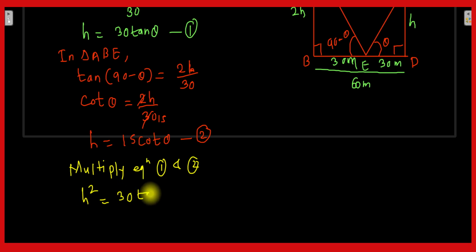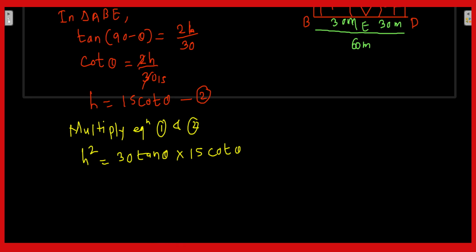Here tan theta multiplied by cot theta will be 1, because tan theta and cot theta are reciprocals of each other, and the product of reciprocals is always 1. So we get h square equal to 30 multiplied by 15, that is 450. Taking square root of both sides, we get h equal to square root of 450.